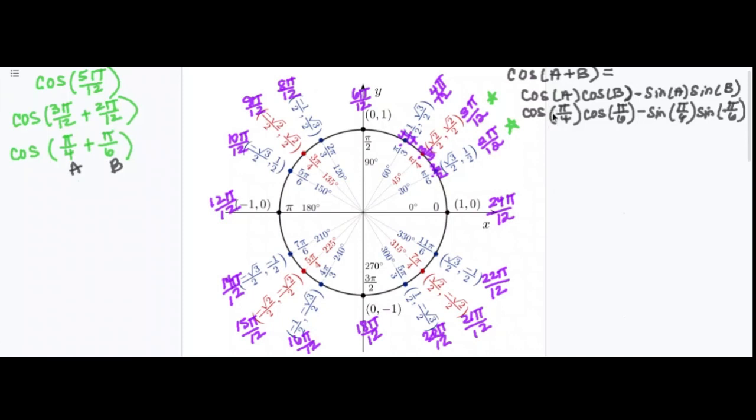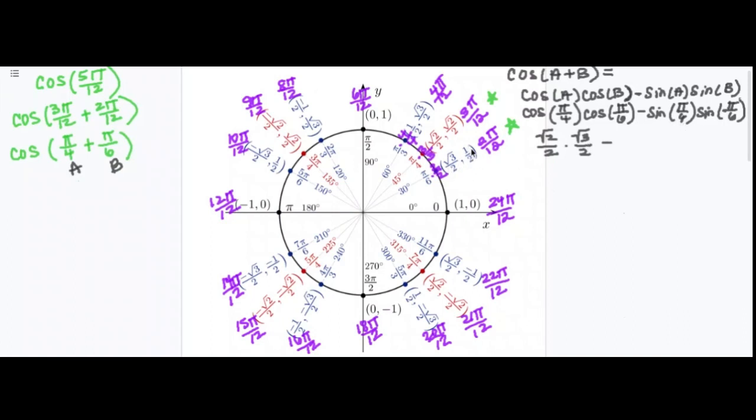Now I need to replace these values. The cosine of pi over 4, the x value right here is square root of 2 over 2. The cosine of pi over 6, the x value at this angle of rotation is square root of 3 over 2. Minus sine of pi over 4.